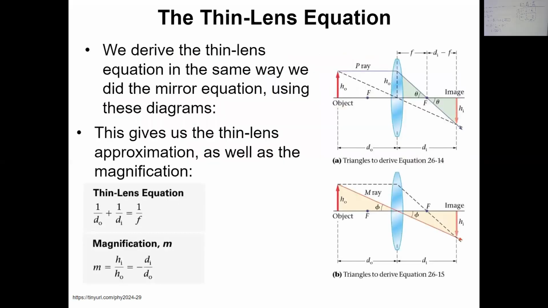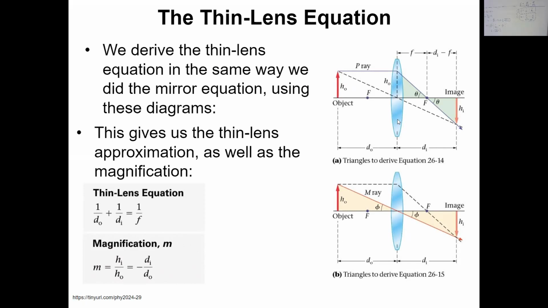You can derive the lens equation, similar to what we did for the mirror equations, and it turns out to be the same equation here. You are using two pairs of similar triangles again. You can follow the derivation as we did earlier and arrive at the same conclusion.